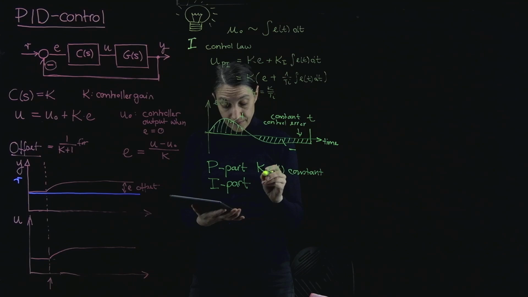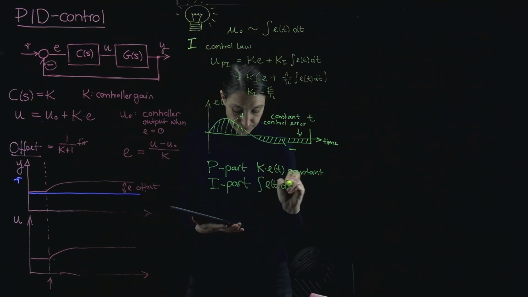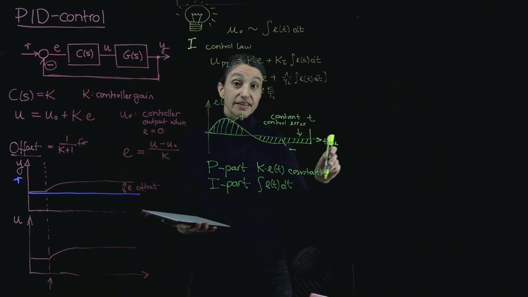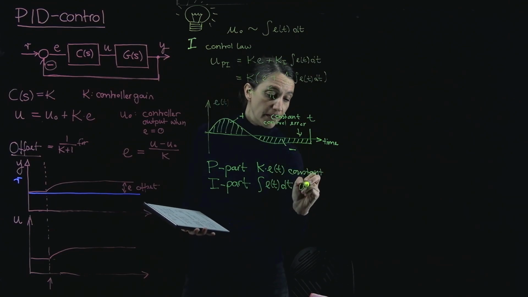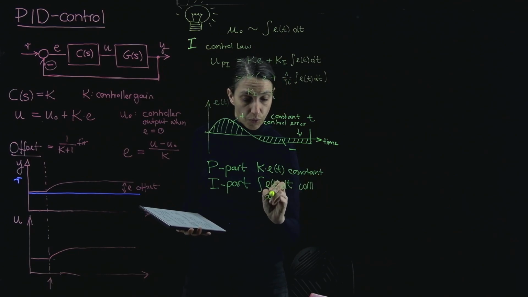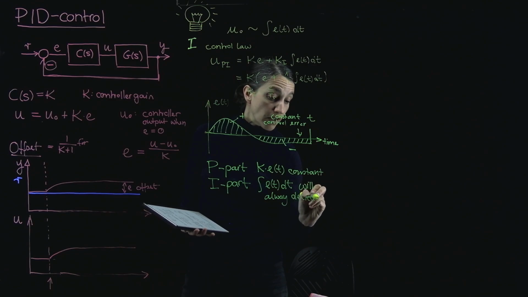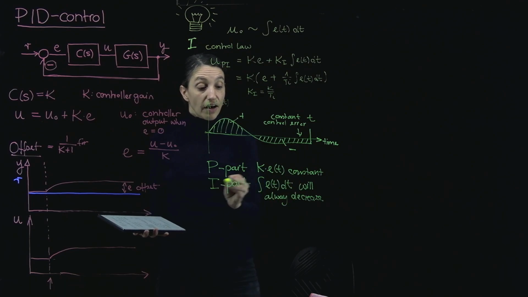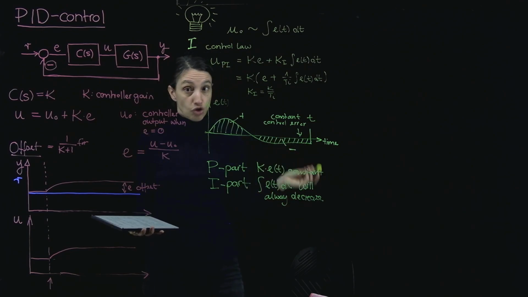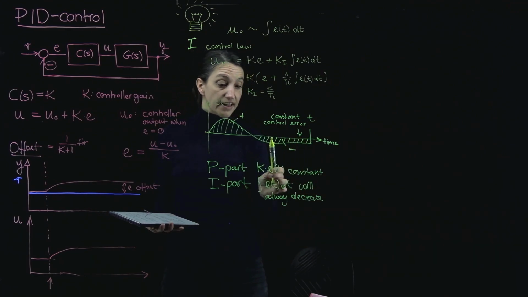The integral of e of t dt will always increase if e, this constant here, is positive. In this case, it's negative, so it will always decrease until I have no control error. So the I part makes sure that we don't stop with the control just because we are stuck here at this level here.